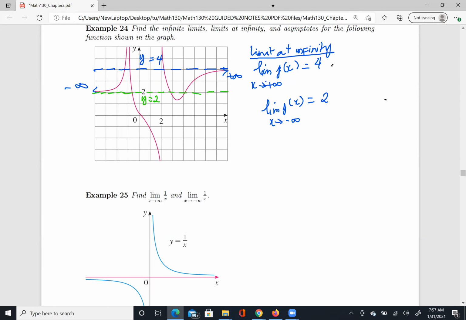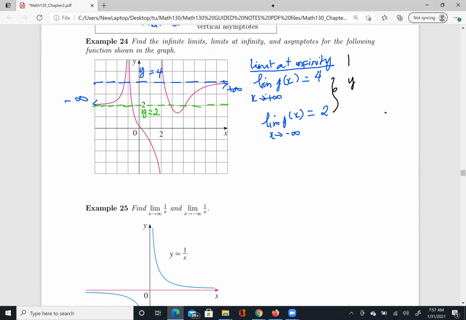So from here, you can say that the horizontal asymptotes will be y equal to 4 and y equal to 2. Let me circle it.